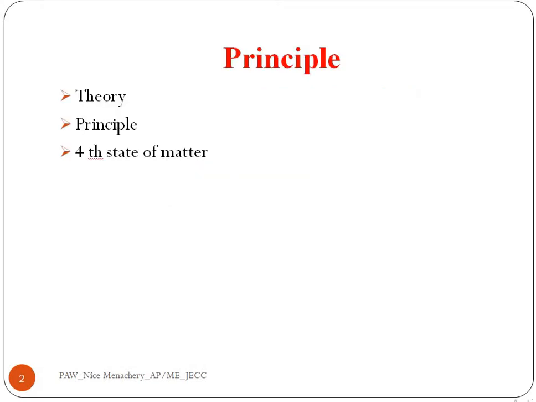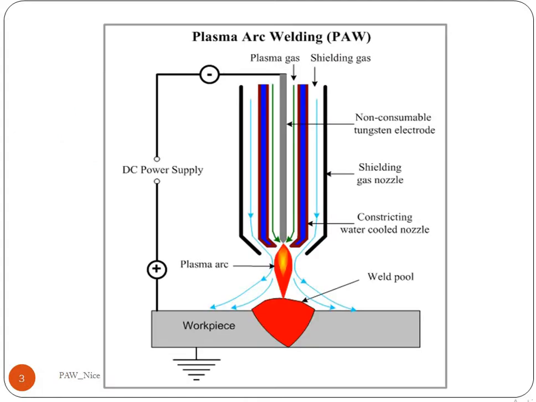It is a liquid state welding process to join metal to metal in the molten state. The hot ionized gas is normally called plasma, and it is used as a medium to join the metals. This is the figure of the plasma arc welding process.